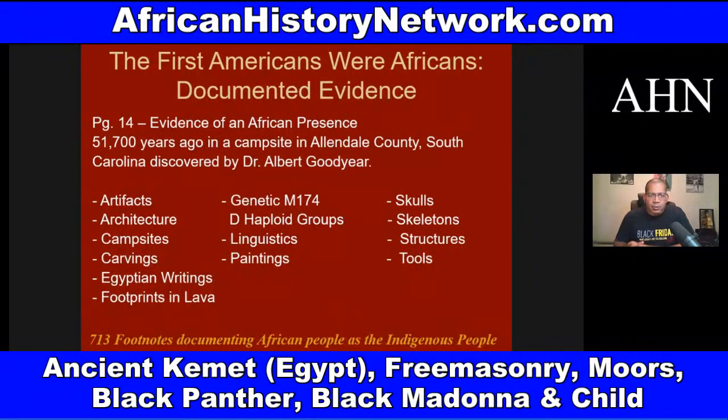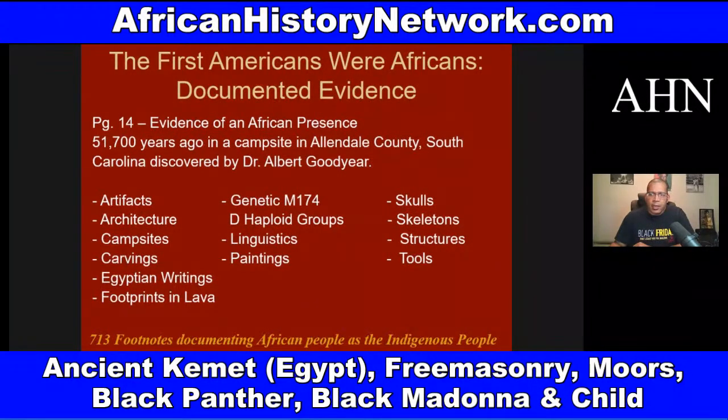They found artifacts, architecture, campsites, carvings, Egyptian writings, footprints in lava, genetic M174D haploid groups dealing with DNA and genetics, linguistics, paintings, skulls, skeletons, structures, and tools. They found 13 different types of evidence, fairly documenting the African presence in the land we call the United States of America, going back at least 51,700 years ago.